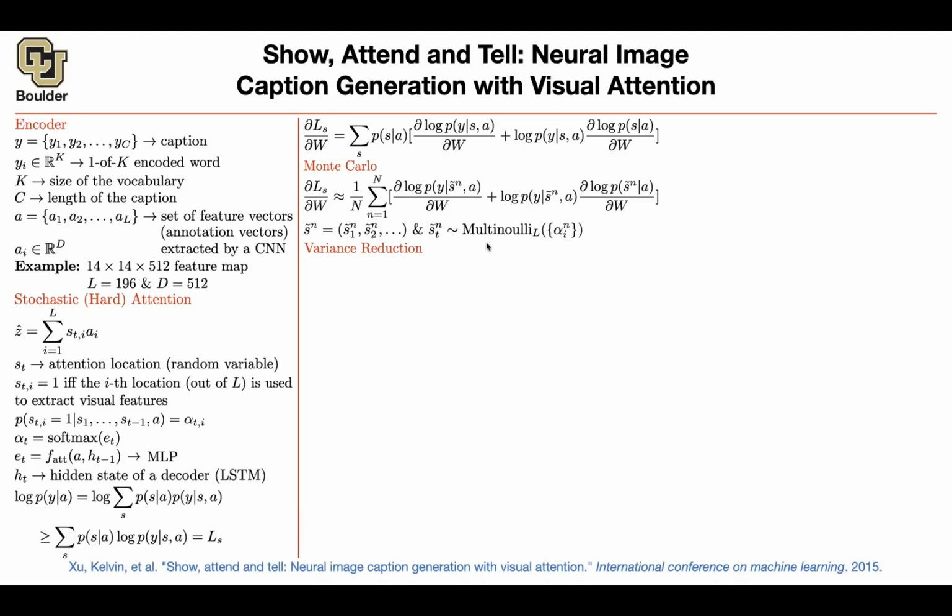When you keep sampling from this multinoulli distribution, it's going to oscillate a lot. To reduce the variance, there is this trick that you can subtract a number from this log of p and then play around with the variance and try to reduce it. So you can use a moving average of these log terms.